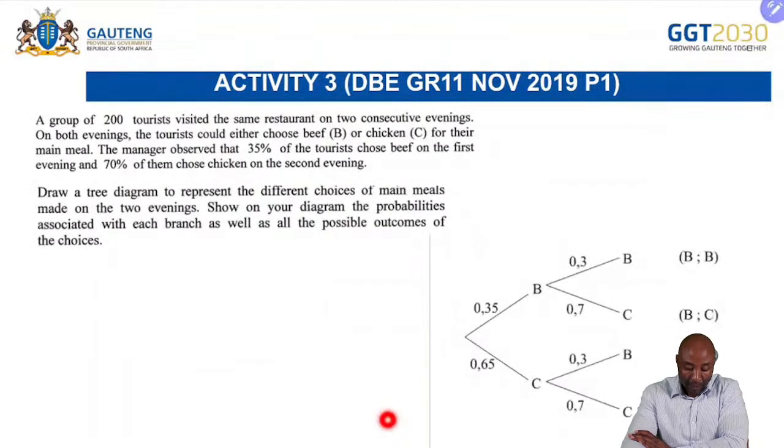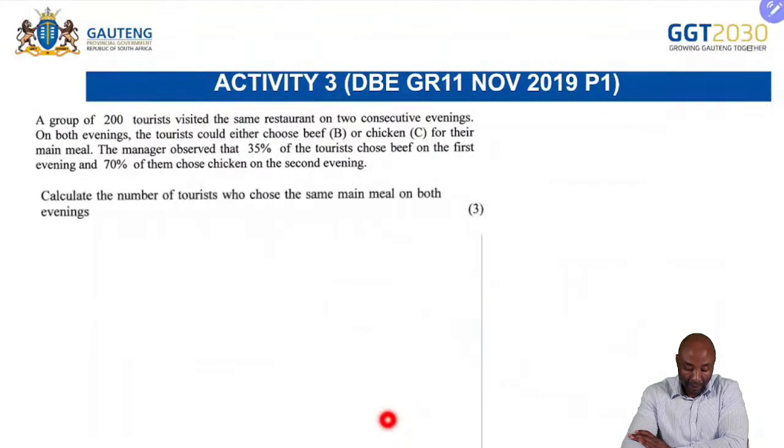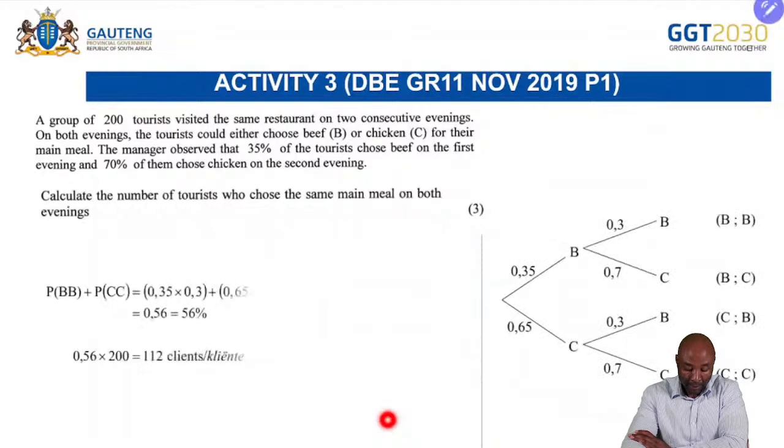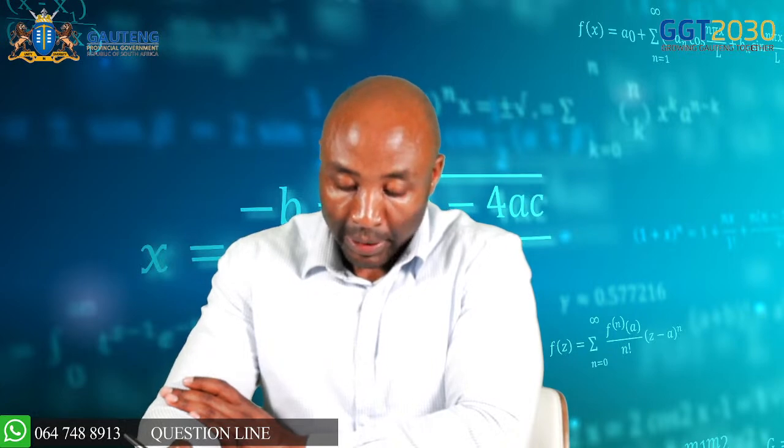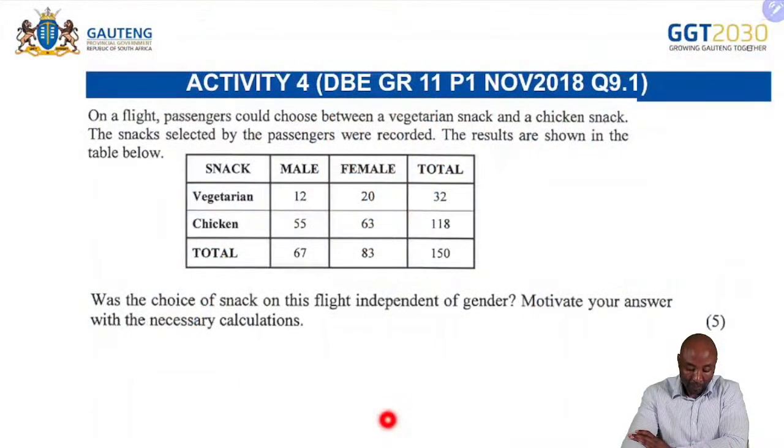Then you answer the questions. Now there is another activity that can help you prove whether the choice of a snack is dependent or independent of gender. You can take a photo of this one.